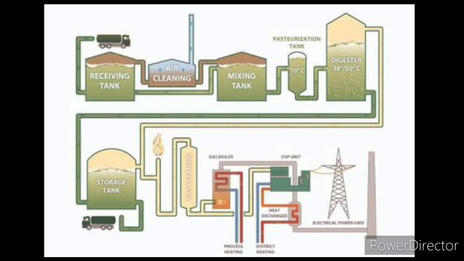And the advantages of the biogas: because it burns without smoke, it causes less pollution, environmentally clean, right? And this is a very excellent way to get rid of the organic waste, that is agriculture waste, bio waste or the sewage material, right?